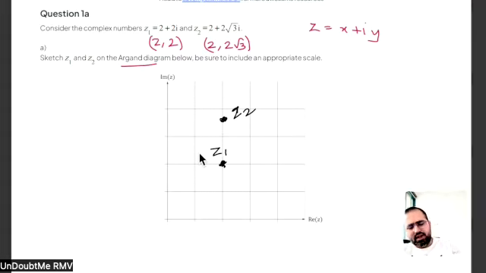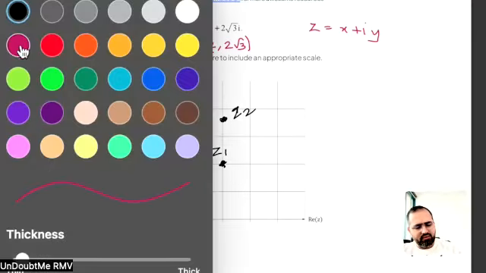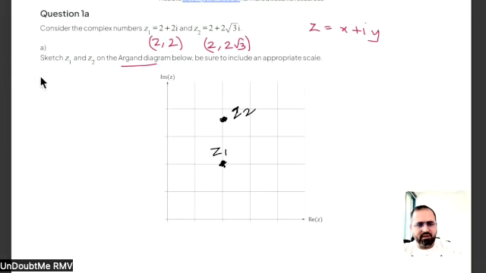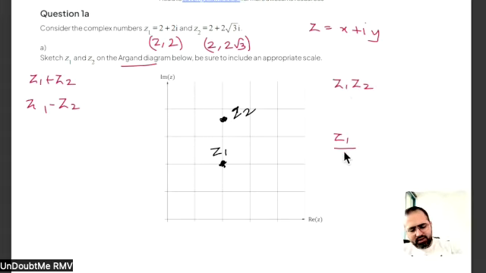Along with this, I'll teach you a few more things. When we go to algebra of complex numbers, we usually do sum, difference, then product and division. These are the 4 things which we usually do for algebra.